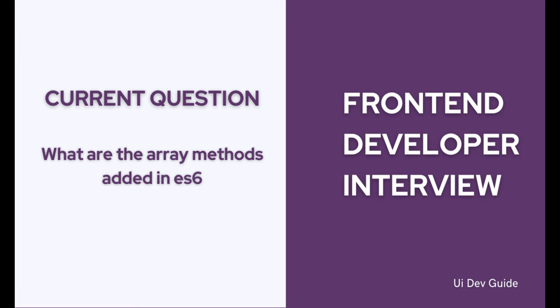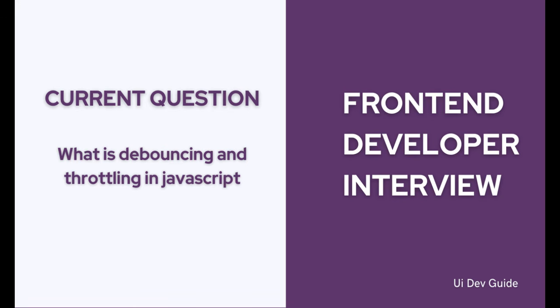Loops, for loops we have added, forEach, and reduce, those are also there. With some, filter, reduce, yes, those are also added. Okay. So what is debouncing and throttling? I don't know. Okay. So read about this.